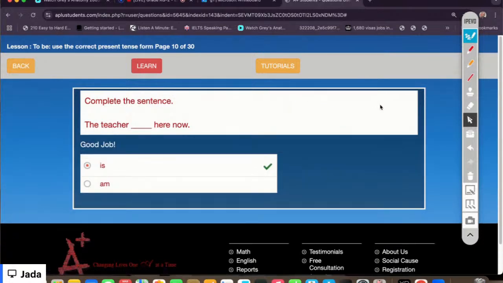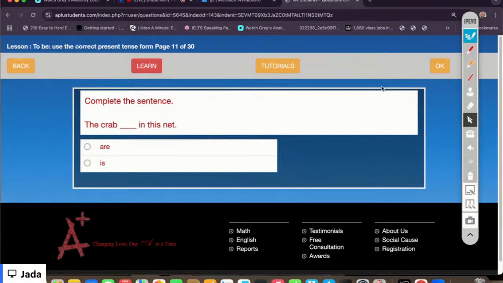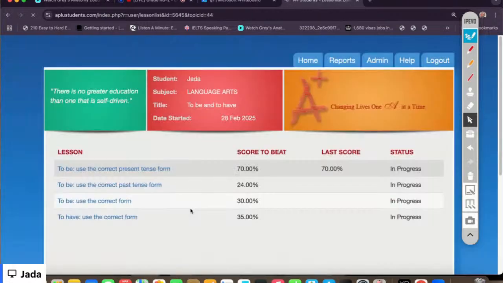Okay, so that's it for this particular lesson, which is to be: use the correct present tense form. We will move on to the next lesson. And the next lesson is to be: use the correct past tense form. So do you have any question concerning the first one that we have done?